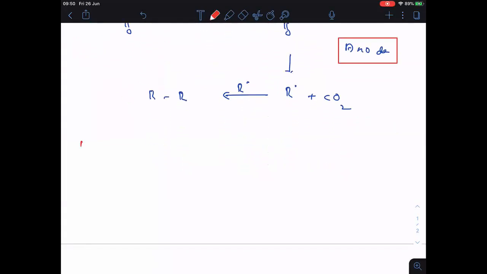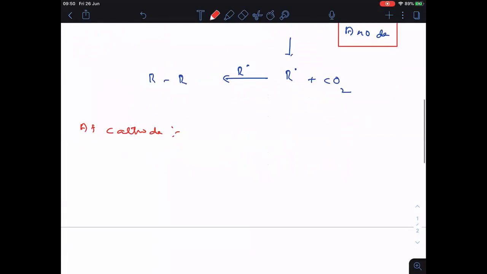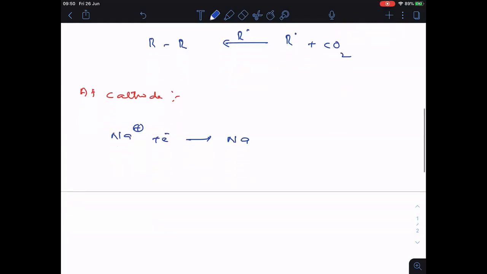Now coming to the point of the cathode. Okay, at the cathode what reaction is happening? So at the cathode, remember, reduction takes place. Reduction means what? Gain of electrons. Is it clear? So Na plus will gain the electron, converts into what? Na. Na plus gains the electron, converts into Na.